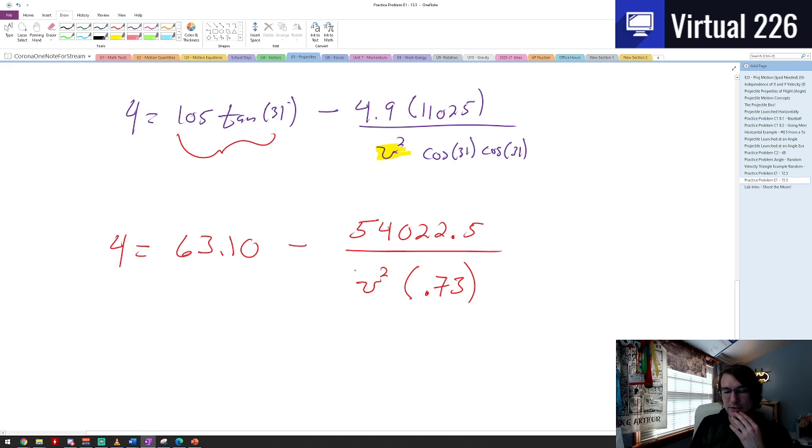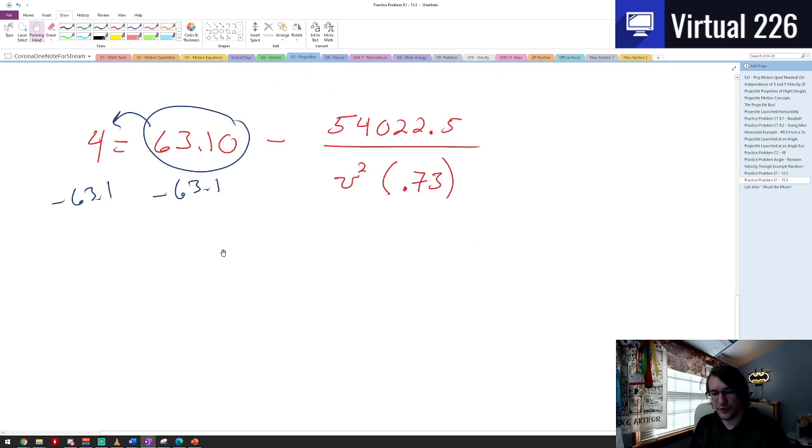So how can I go about solving this now? Well, let's subtract this value to the other side. Okay, that's by itself, so let's get it out of here. So let's subtract 63.1 from each side. So if I do this, 4 minus 63.1 gives me, on the left side here, a value of negative 59.1.